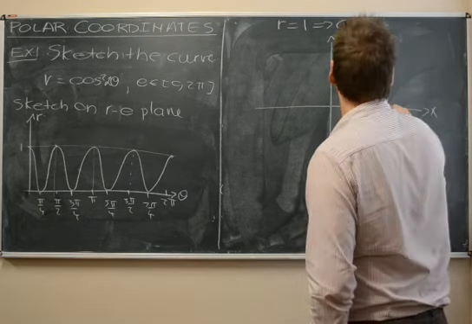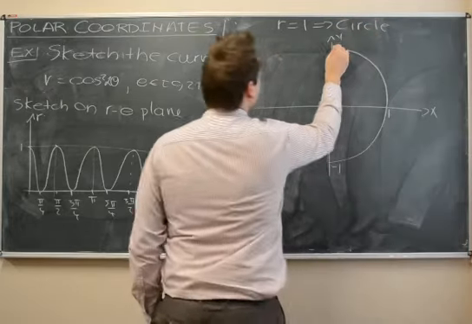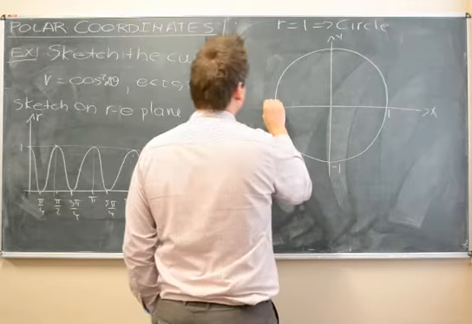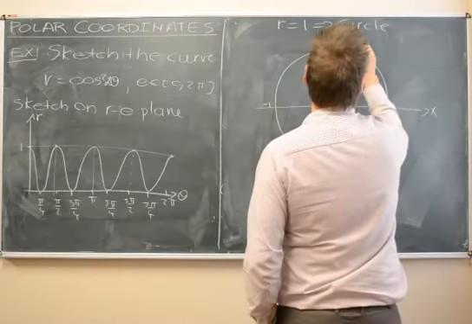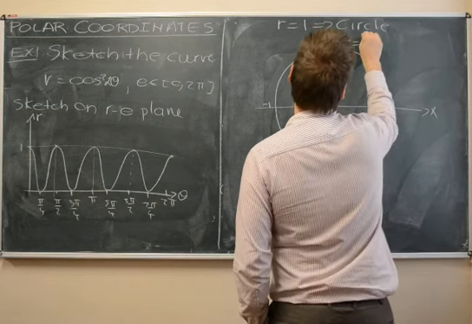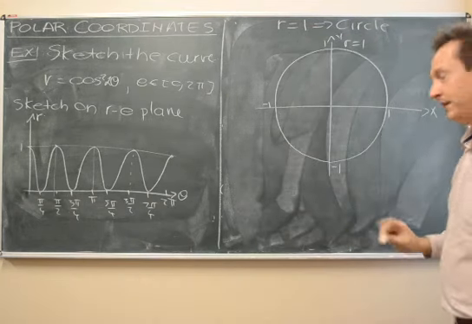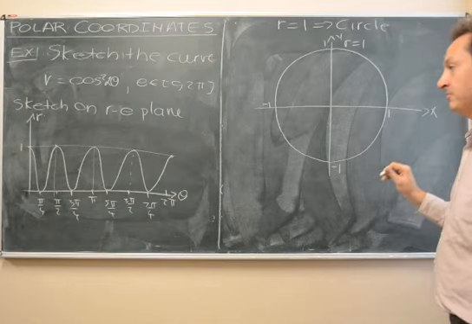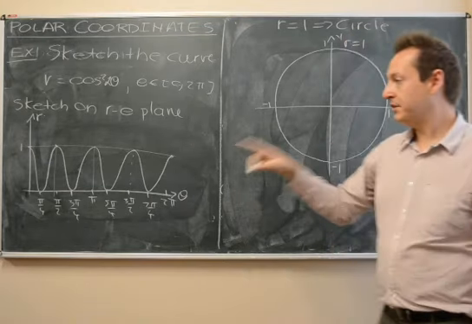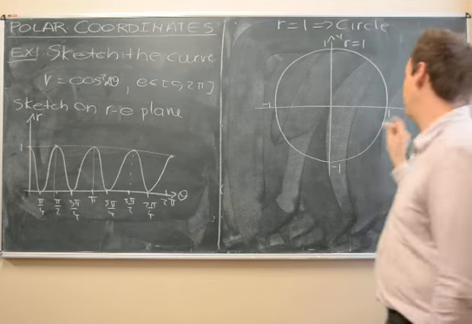And on this side, here we have the equation for the curve r is equal to 1. So let's now draw the lines theta equals 0, pi over 4, pi over 2, and so forth.